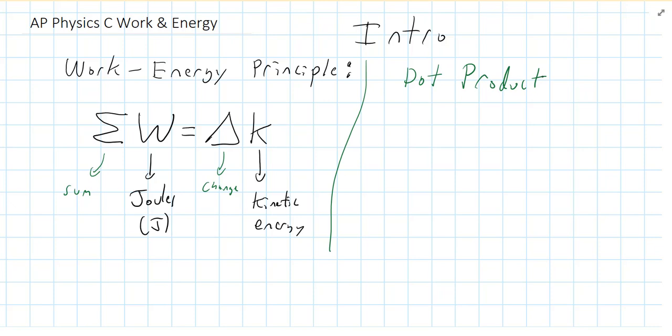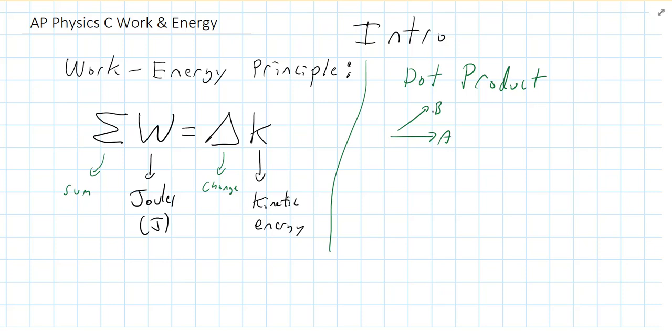And when I first learned dot product, I learned the equation for it first, and I wish I hadn't. I wish somebody would have told me the conceptual part first, so the equation would have made a lot more sense to me. So here's dot product, okay? Let's say you got a vector A and you got a vector B. Okay, there they are. The dot product is simply the measure of how parallel those two vectors are to each other, okay?